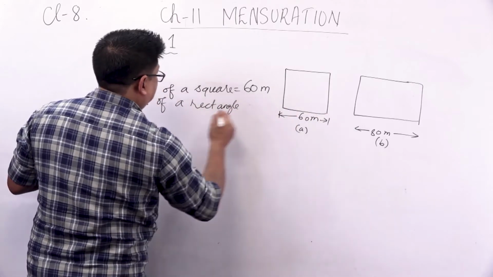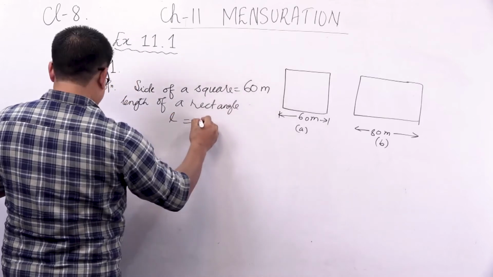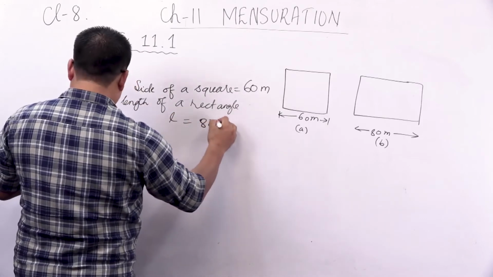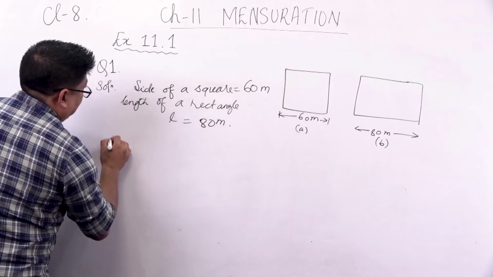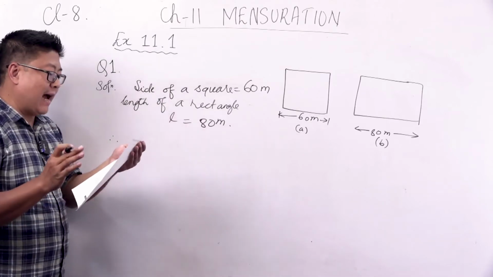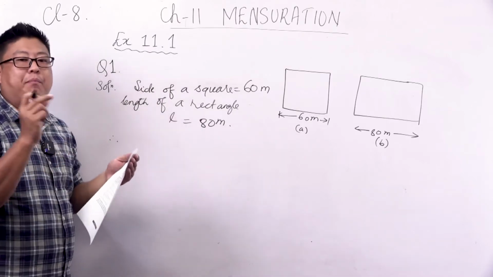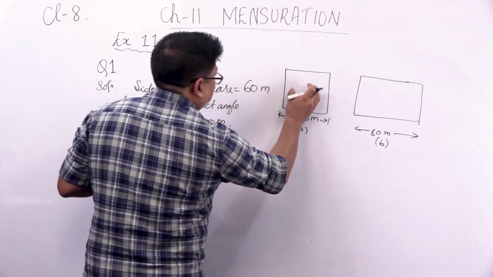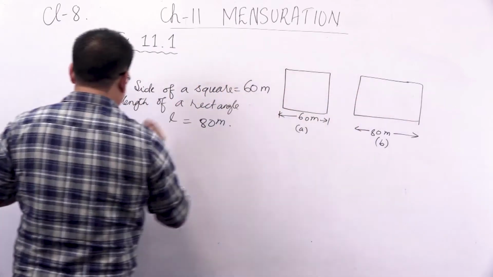So it is already given here. L is equal to 80 meter. Now the question states that they have the same perimeter. So perimeter of square is equal to perimeter of rectangle.